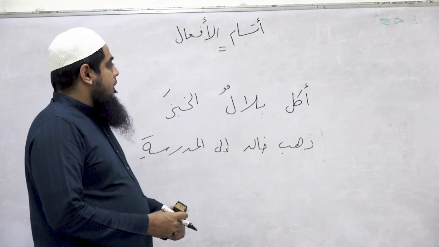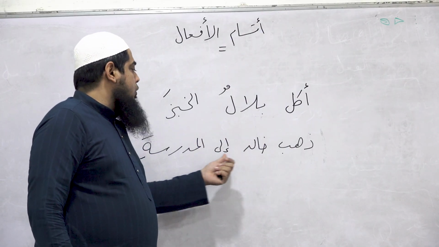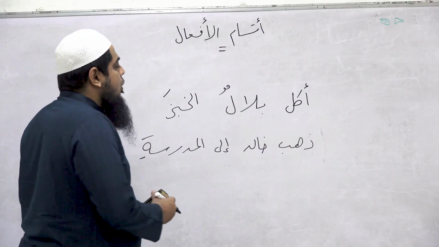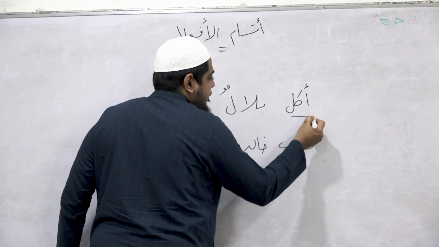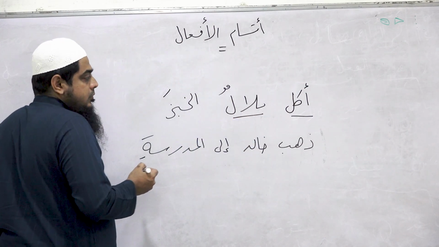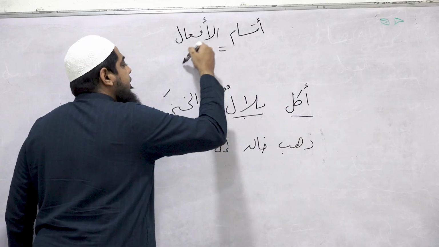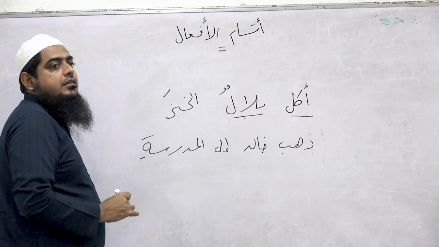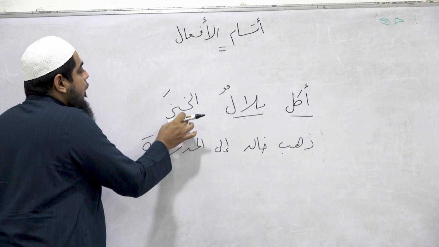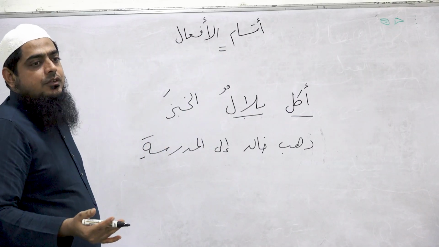Here, akala Bilalun al-khubza, ذهب Khalidun ila al-madrasati. Here what you see, this is fi'l, this is fa'il. This fa'il has done this fi'l on this maf'ulun bihi. Al-khubza, what we say in English, object.